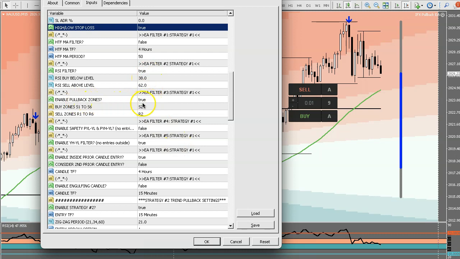Now, the pullback zones. The pullback zones start, this is level 1, 2, 3, and so on. So I have it that if price hits level 2, resistance 2, then it would trigger an entry. And then the opposite, if it hits this level, obviously everything else needs to meet the RSI, right?